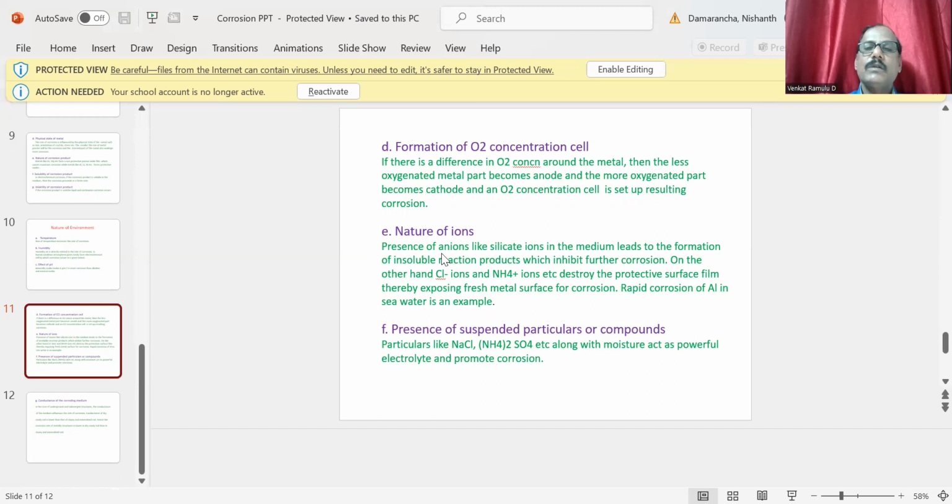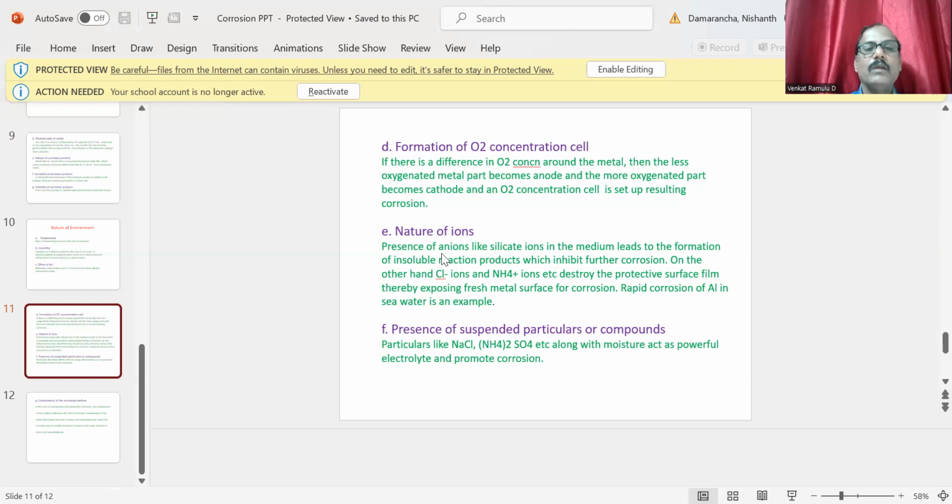Under this situation, the poorly oxygenated part undergoes corrosion and acts as anode. So an oxygen concentration difference arises on the metal surface, and wherever we have less oxygen concentration, that acts as anode and undergoes corrosion.